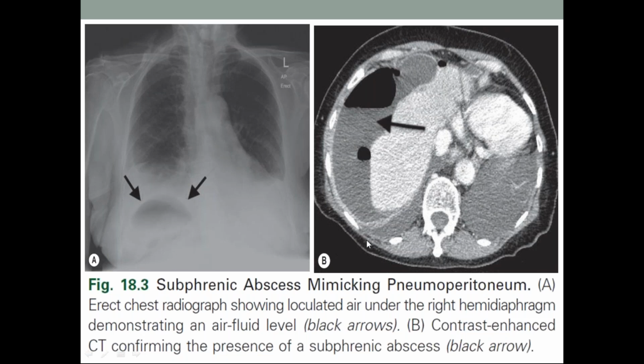We confirmed this by doing CT. It is a contrast enhanced CT, confirming the presence of subphrenic abscess. This is the air, and this is the pus. This is the abscess.